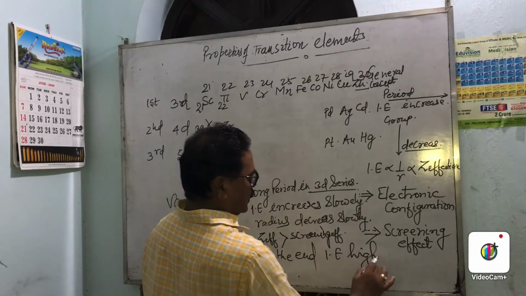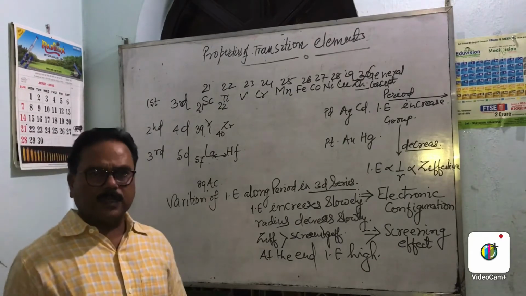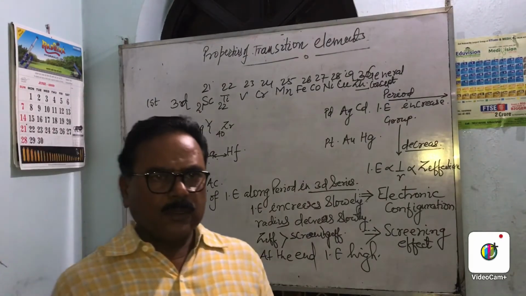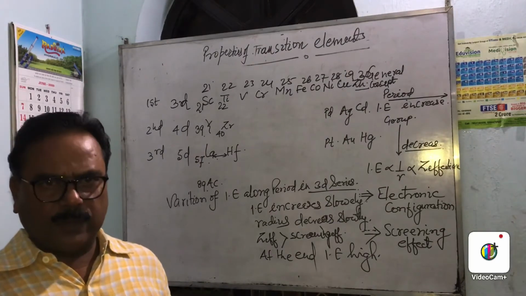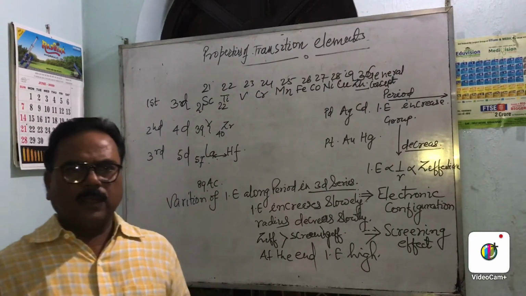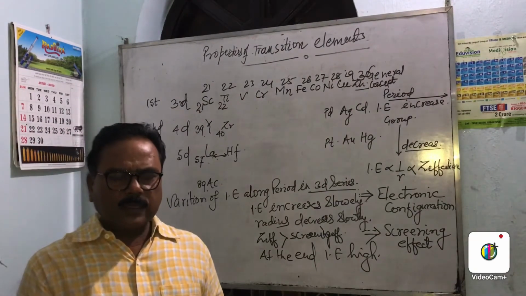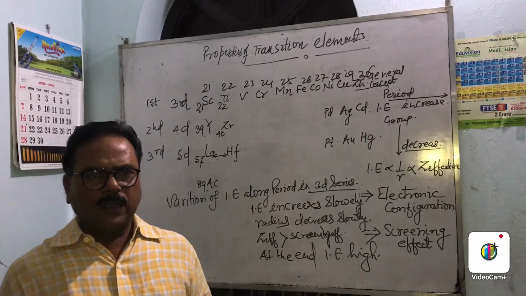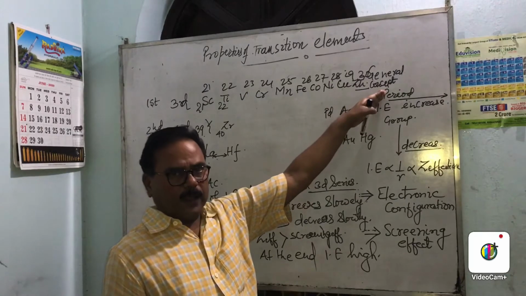So why does zinc have a high ionization energy? Because the d orbital is completely filled. Due to the filled configuration it is stable, so removing an electron needs very high energy, and that's why its ionization energy is very high.